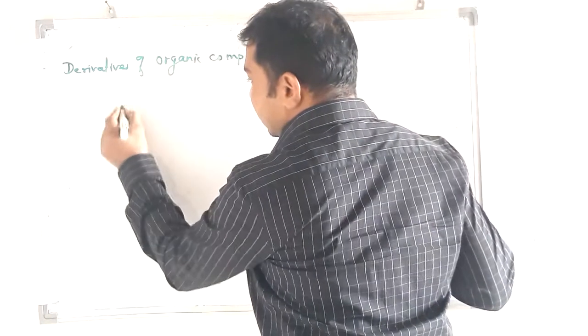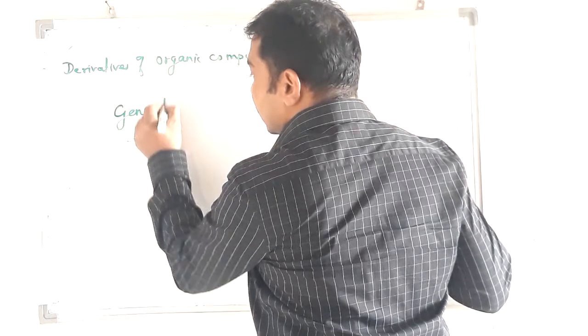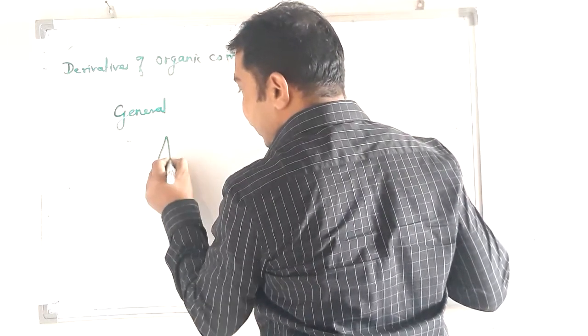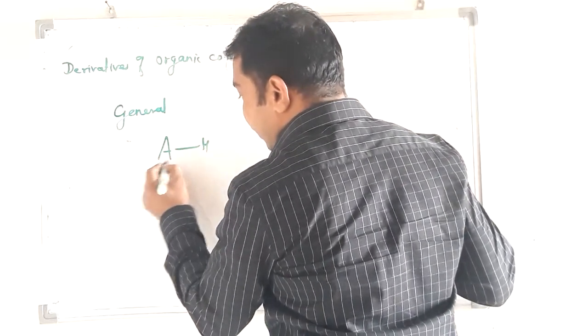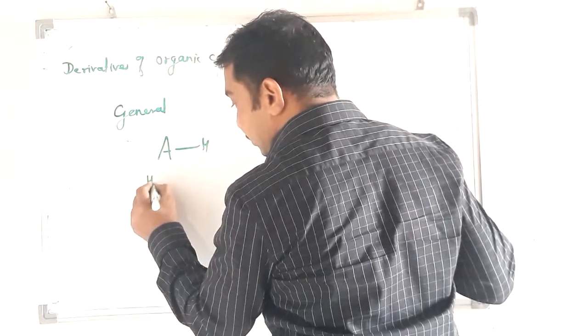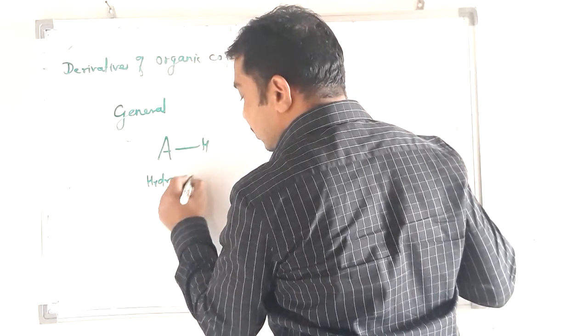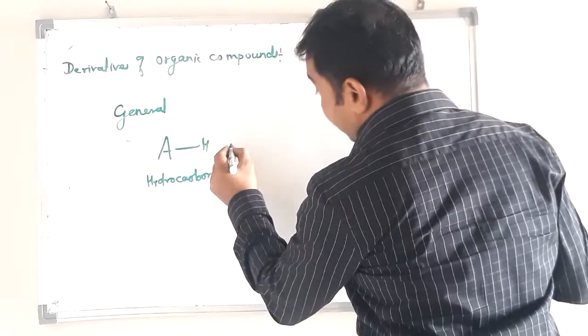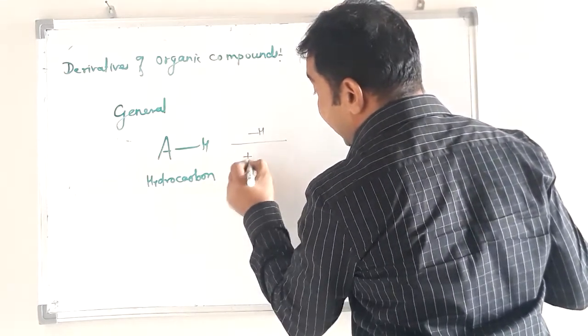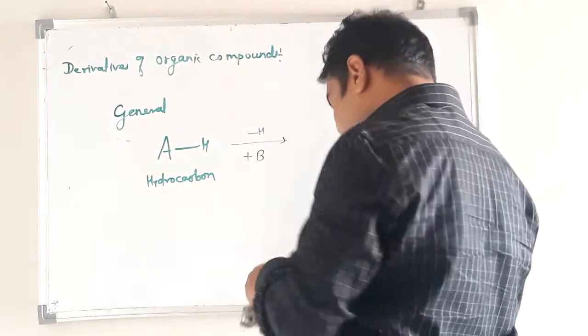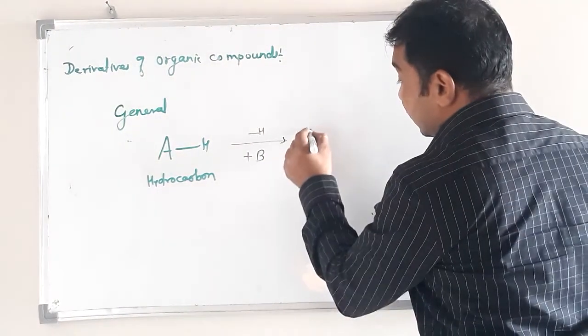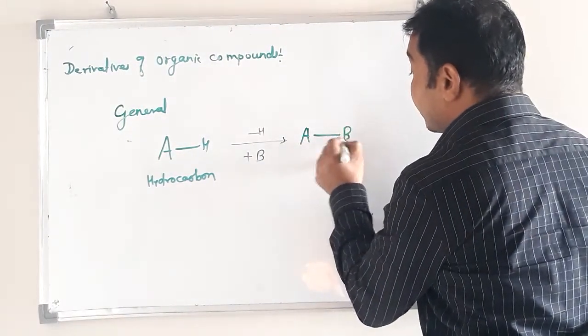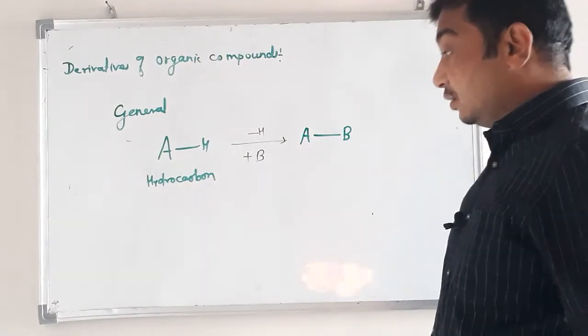in general, for example, suppose A-H is a hydrocarbon, any hydrocarbon, and from this hydrocarbon we are replacing one hydrogen atom by atom B. Then we get this new compound A-B.